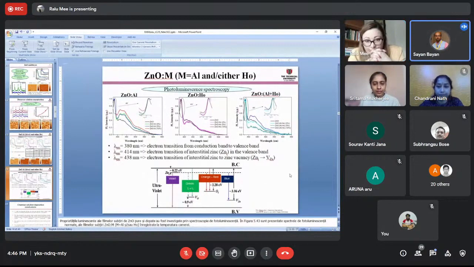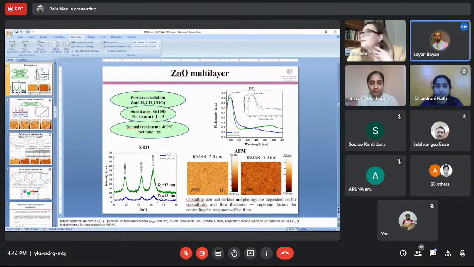Yes, I can understand. But my question was how it differs for this one layer and five layer. Why are you getting this kind of defect in the five layer?